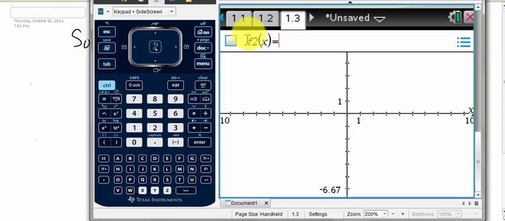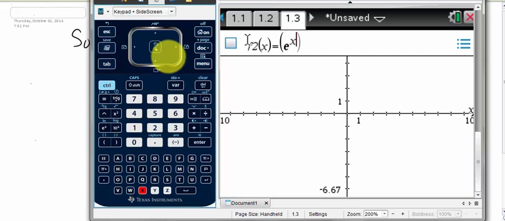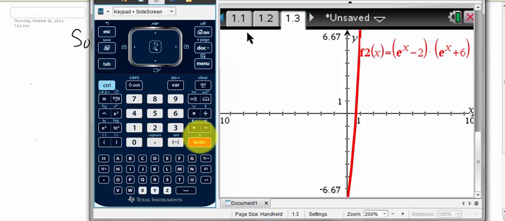And in my graph, I am going to put the original function in. e^x minus 3 minus 2e^x plus 6. Enter. There we go. Beautiful. Isn't it nice? And then I'm going to put in 3e^x.